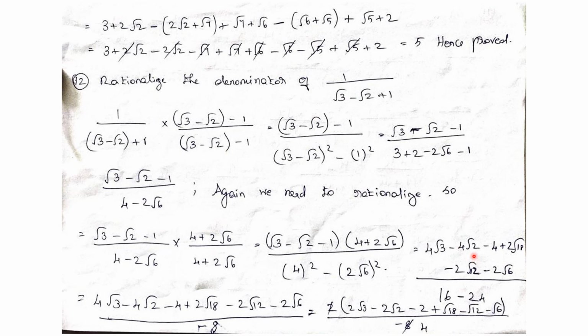So the answer will be root 3 minus root 2 minus 1 by root 4 minus 2 root 6. But here what we need to do, again we need to rationalize this one. Okay, so again we need to rationalize. So what we should do, we have to take 4 plus 2 root 6, and we should get it multiplied by the numerator and denominator.